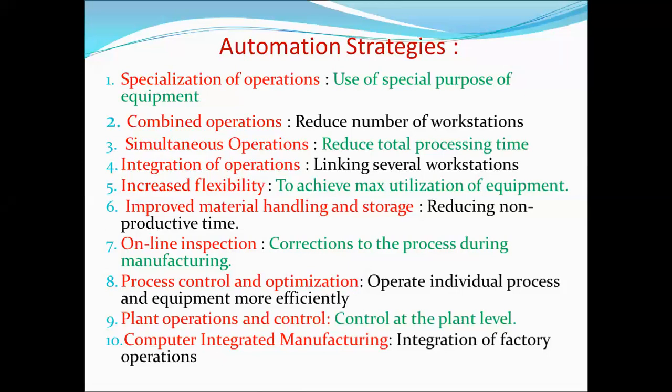So next comes online inspection. Online inspection means we have to find out the quality of the product. In the case of ordinary operations, we first produce a part, and then there is an inspection section, where a person inspects and checks the parts. But in the automation system, the correction of the process during manufacturing is also done simultaneously.